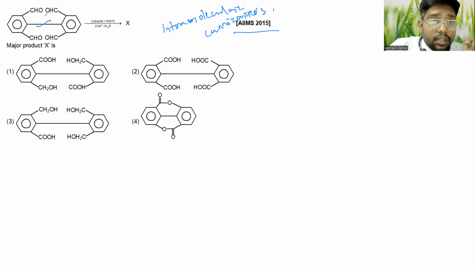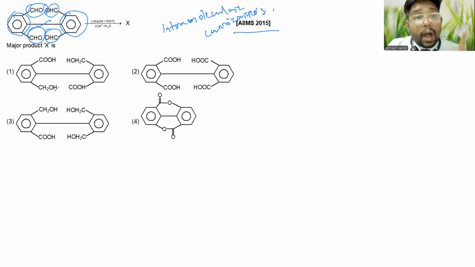So now see here, this benzene ring contains two CHO groups. So one will be oxidized, another one will be reduced. If one is oxidized, that means it will be COOH. Another one will be reduced, meaning CH2OH.